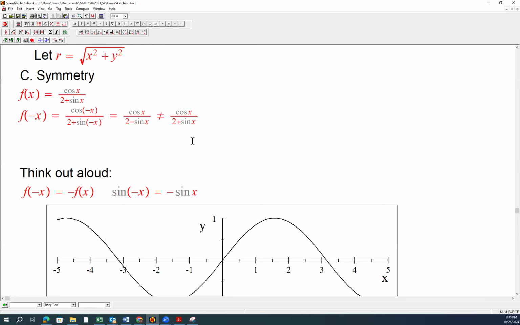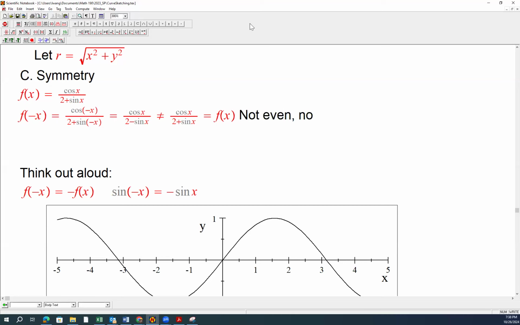These two are not equal, the denominators are not the same. So it is not even.